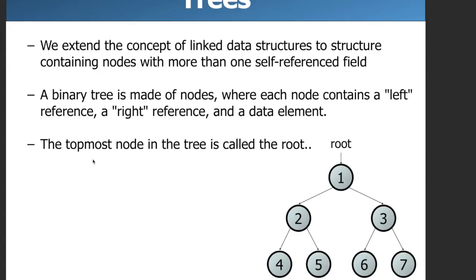So we already know the linked list data structure, which uses nodes, and trees also use nodes. A binary tree is made of nodes where each node contains a left reference, a right reference, and a data element.